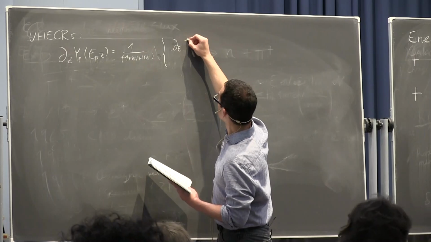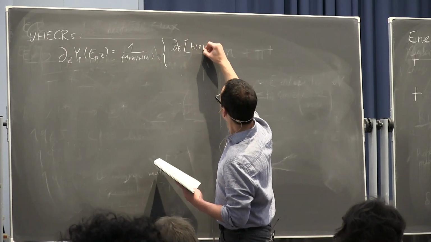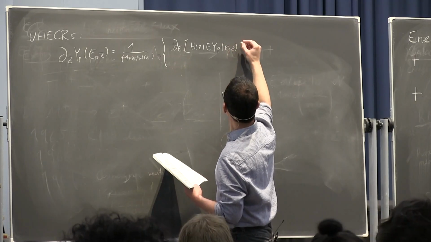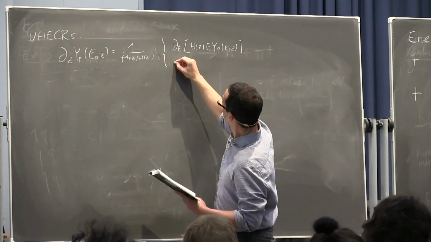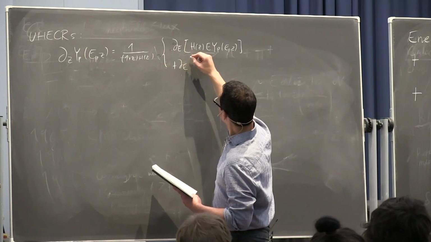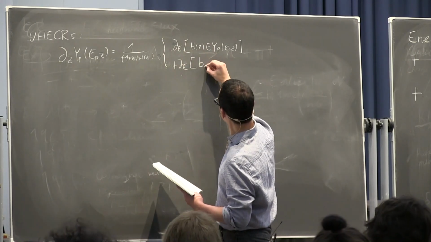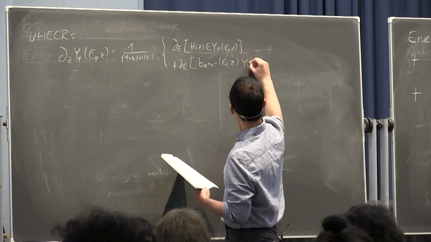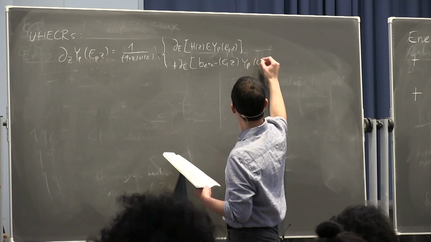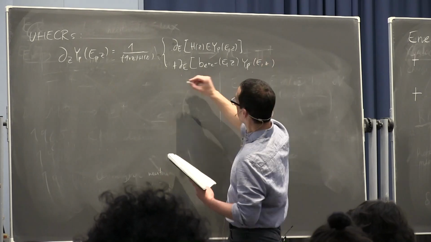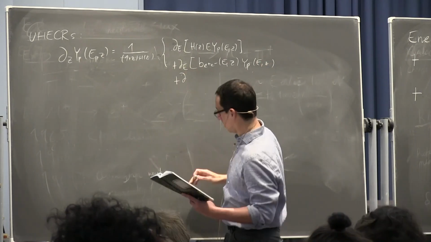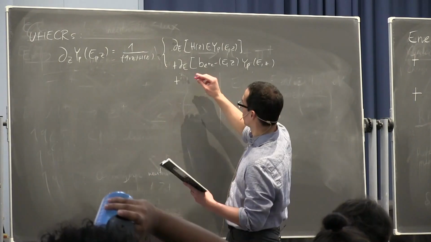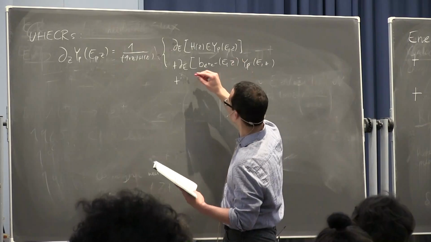So the adiabatic energy losses, the losses by pair production, the losses that are due to the inelastic proton-photon interactions, the one that will give us the neutrinos.